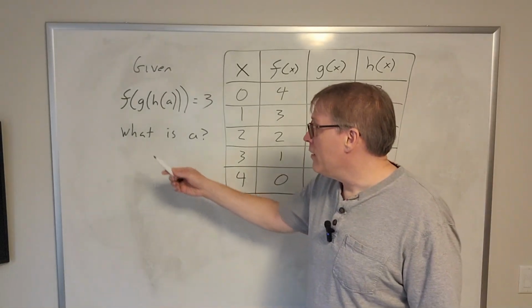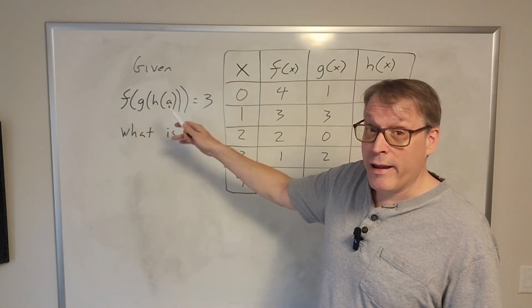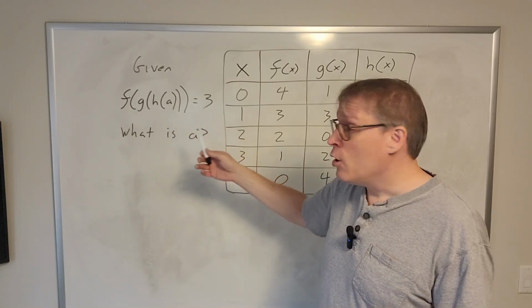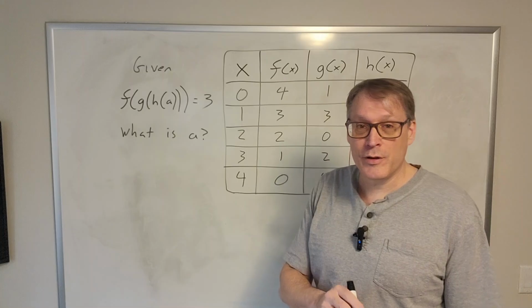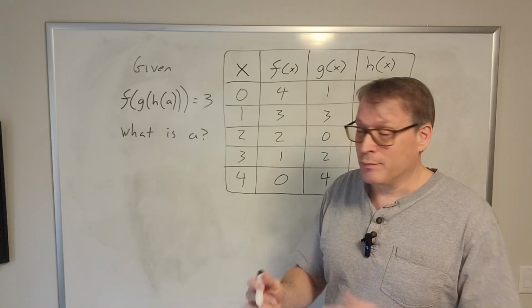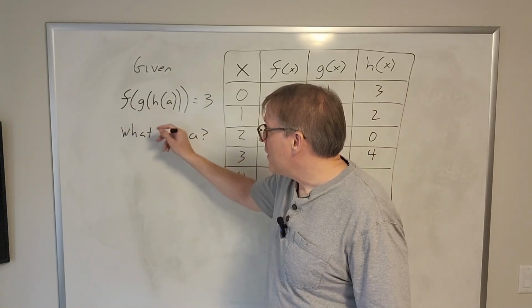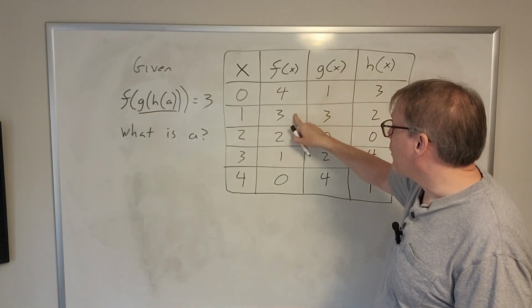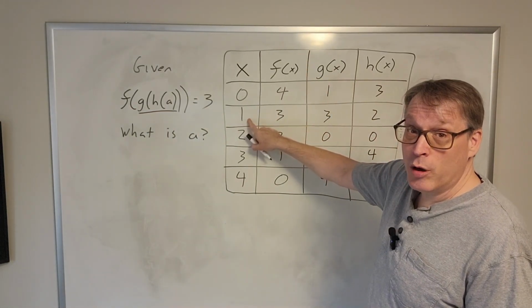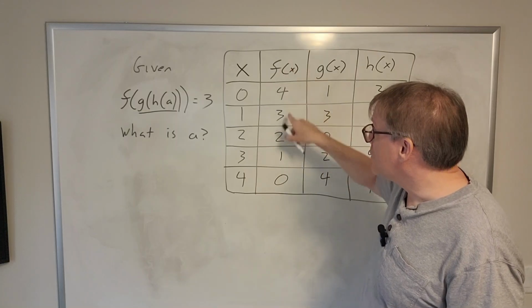Then they say something like, if f of g of h of a, some number a, is 3, what is a? The way to do this one is to go from the outside in. What does the thing in the middle have to be for f of that thing to be 3? The inside has to be 1, because f of 1 is 3.